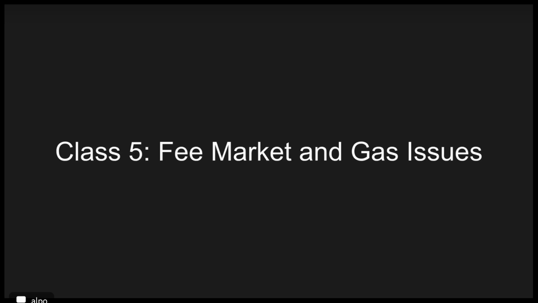All right, so the last section, I feel like I've been rambling, is fee markets and gas issues. This is also something that you'd not have to worry too much about if you're just developing contracts. When you're working in an environment where the code you're running can be run outside of a block, you need to be very cognizant of these things.